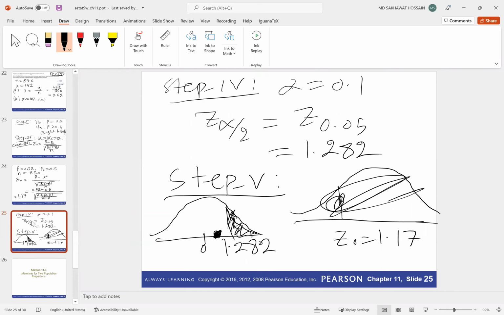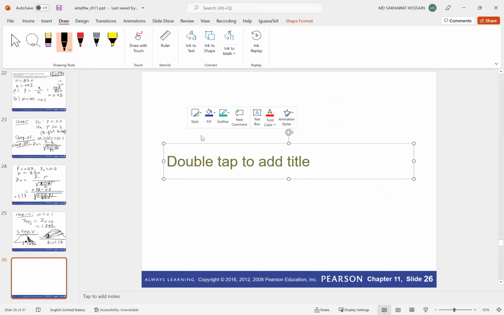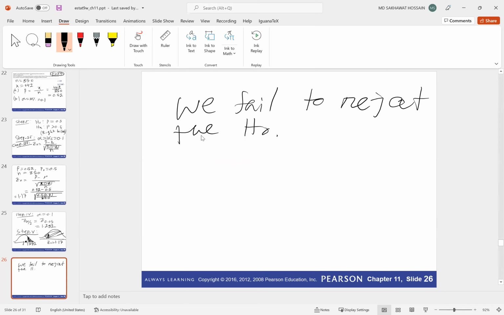So in this case, we fail to reject the null hypothesis.